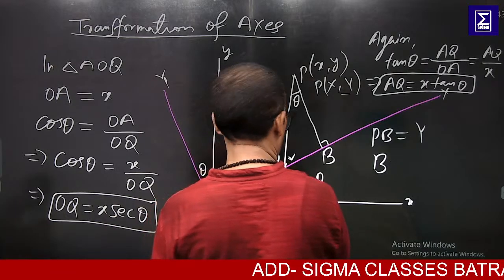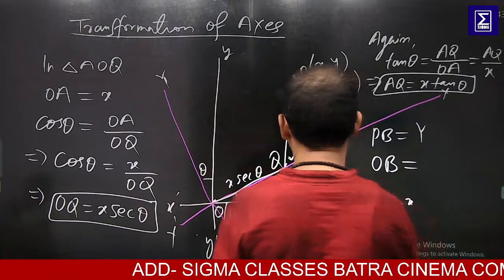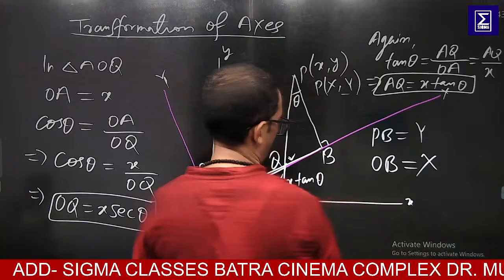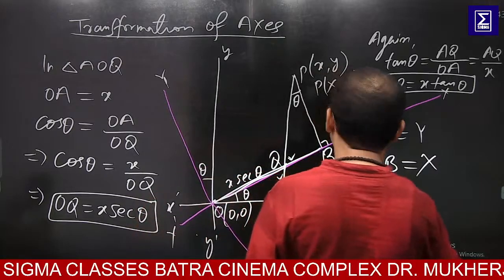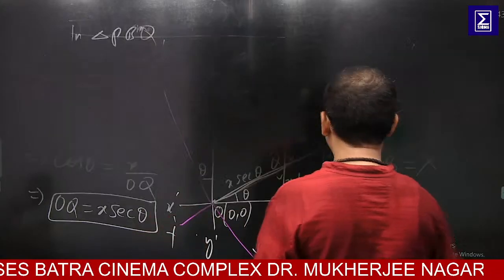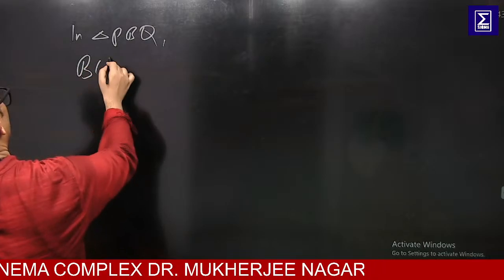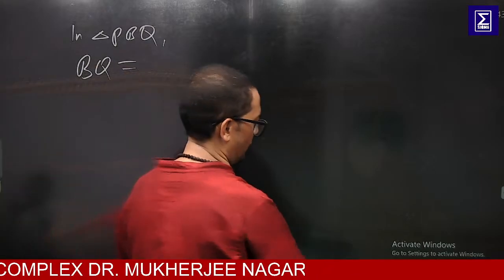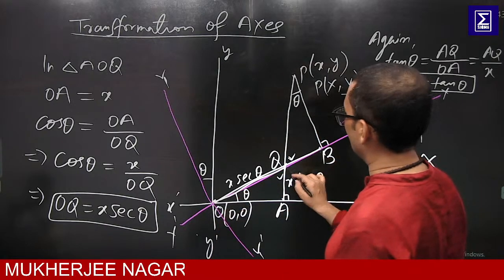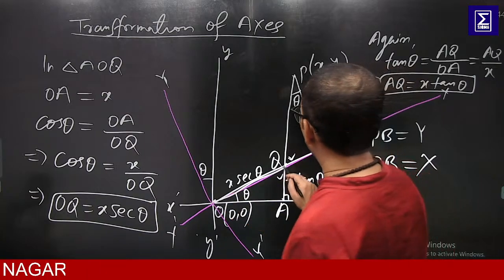OB will be equal to, from here to here, capital X. So if we want BQ, BQ is OB, that is X, minus OQ.